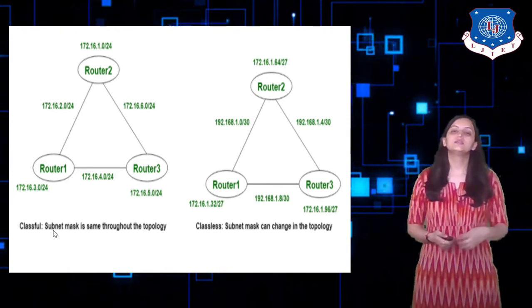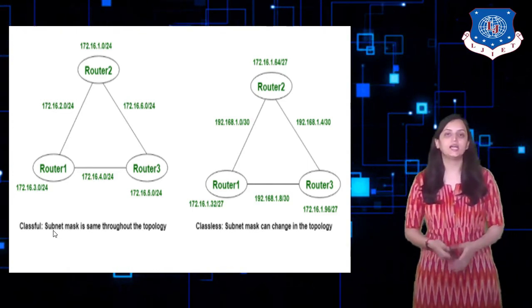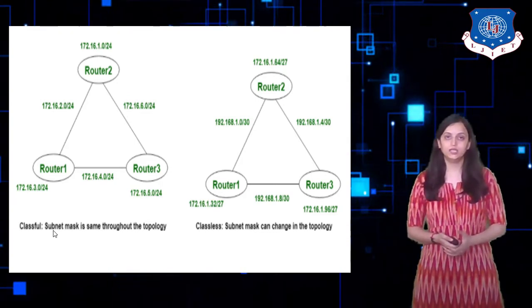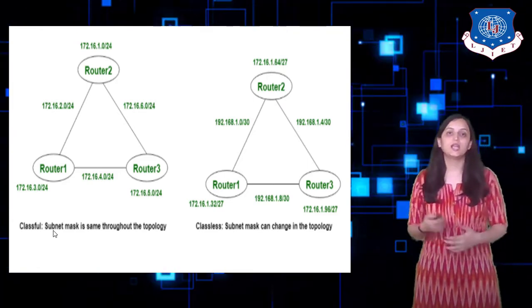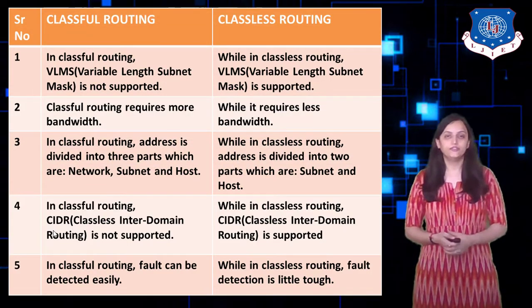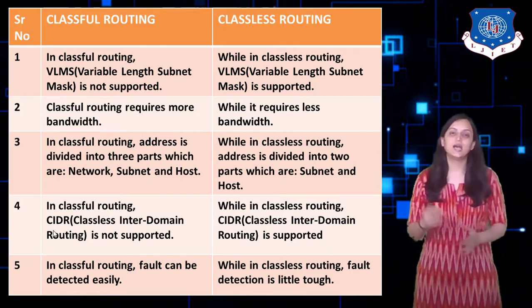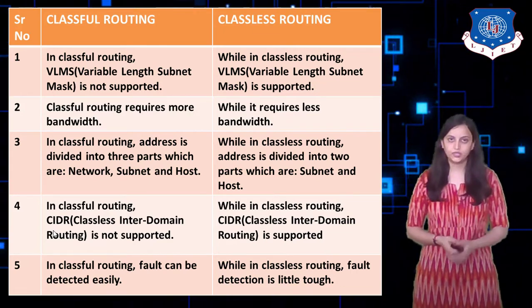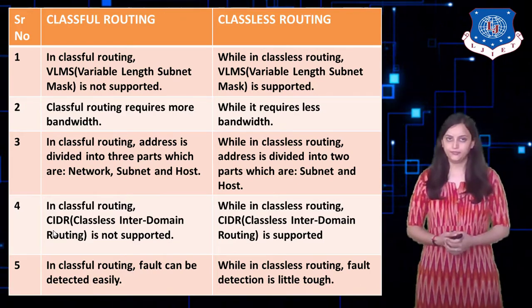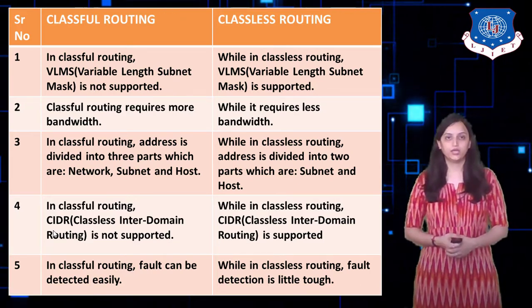Now let us see some basic differences between classful and classless addressing, which will make your concept more clear. So here the difference between classless routing and classful routing is indicated. Let us consider the first point. In classful routing, VLSM is not supported.